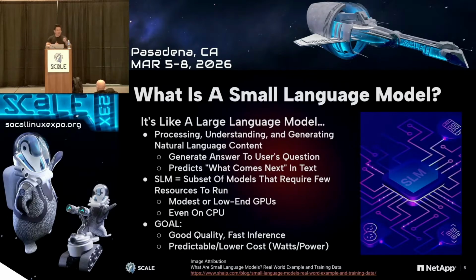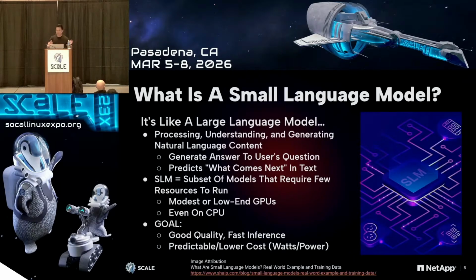By a show of hands, who here has used OpenAI, Claude, some large language model? Okay, a ton of people. That's not surprising these days. A small language model is exactly like a large language model. You have processing, you have some natural language context understanding, and then you're generating some natural language content, right?